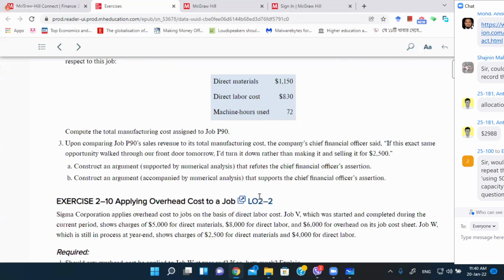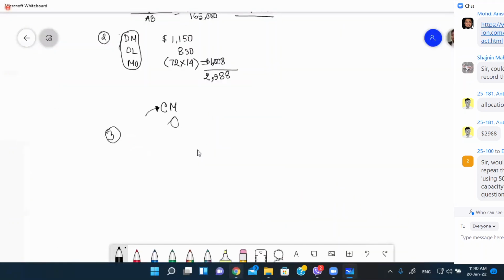CFO is saying, let's stop this. But if we think of the contribution margin argument, let's see what happens. Can we refute the CFO's assertion to stop this or to continue this? So the argument is that if we still have a $1 contribution margin, we'll pursue this kind of business opportunity as long as the company is operating at 50% of its manufacturing capacity. So let's try to explore it.